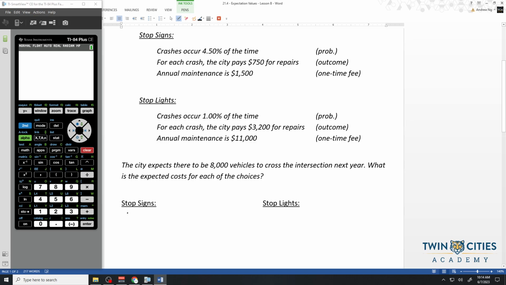So, of the 8,000 vehicles, we're going to multiply this by 4.5%, so that'd be 0.045. Or you could do 4.5 divided by 100. So 8,000 times 0.045. Okay, I'm expecting about 360 crashes.